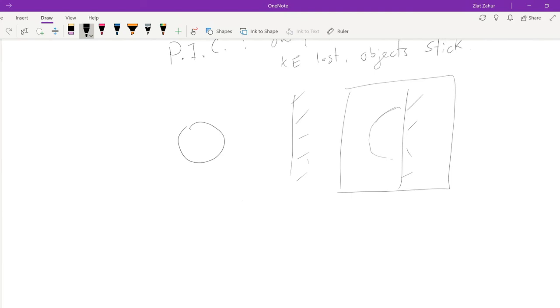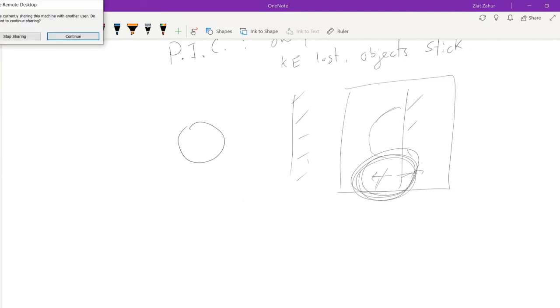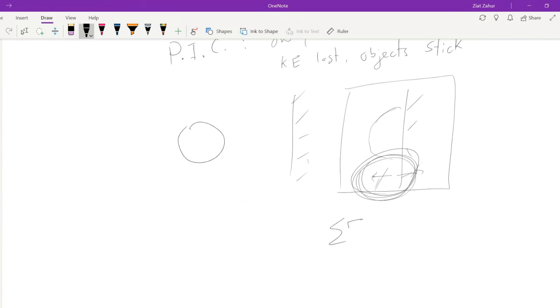Notice how there's a force on the ball by the wall and a force on the wall by the ball. These two are opposite but equal in magnitude, and the net force is 0. So the net force from internal forces, sigma F internal, is always equal to 0.